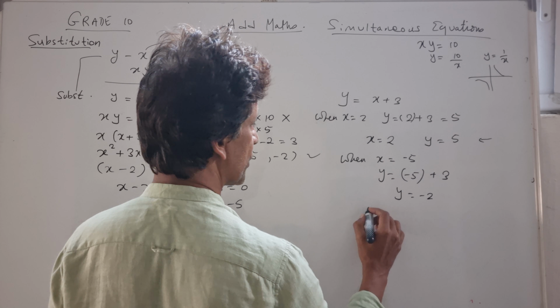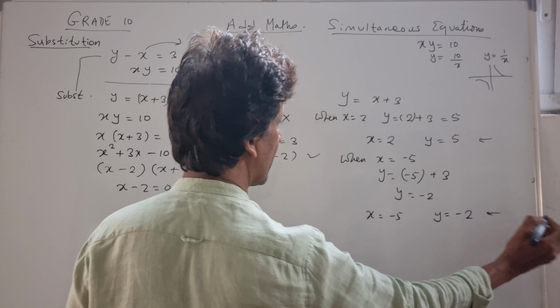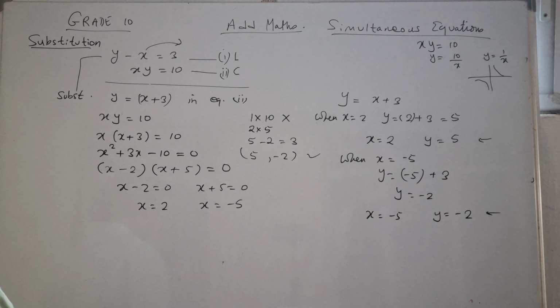So for x equal to negative 5, I got y is equal to negative 2. That's my second solution to this problem.